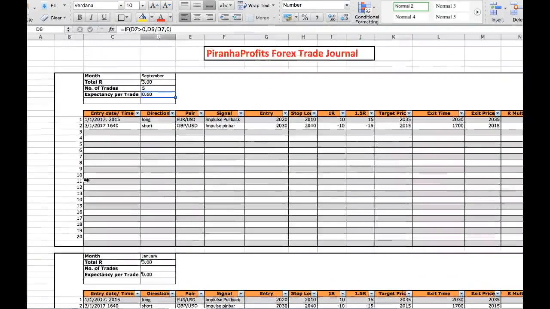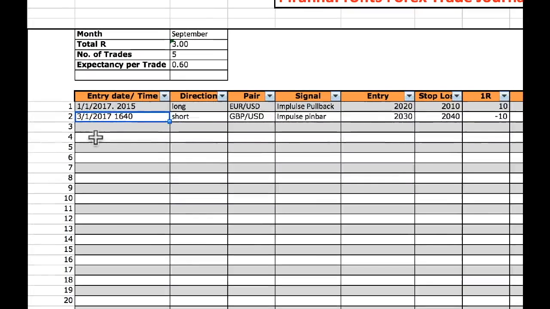Okay, so how do you fill this in? I've already given you two examples here, the first two examples, so you can fill in the rest based on these. The first thing is to put in the entry date and time. Are you going long or short? Key in the currency pair. What's the signal, what's the strategy? It's either going to be the impulse pin bar or the impulse pullback that you've learned in this program.